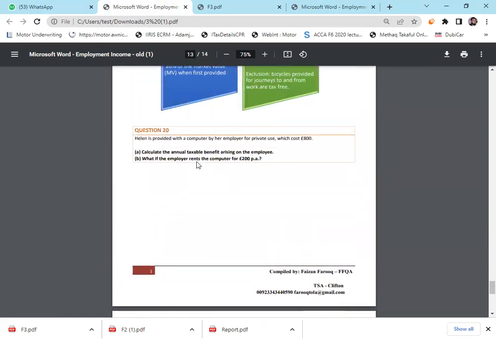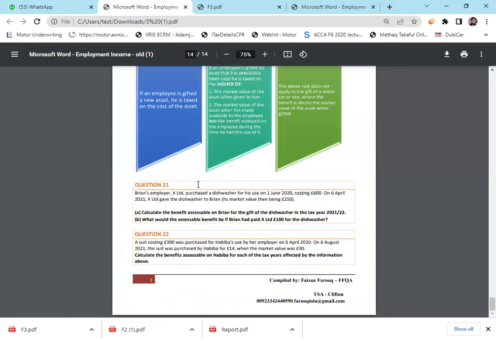You can see here, Helen is provided with a computer, which means it's a use of asset. Just read the underlined, highlighted line.